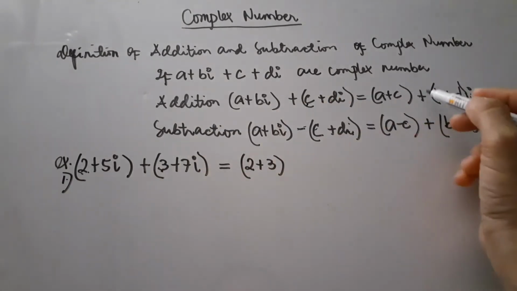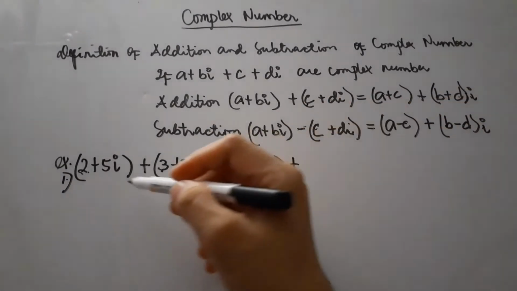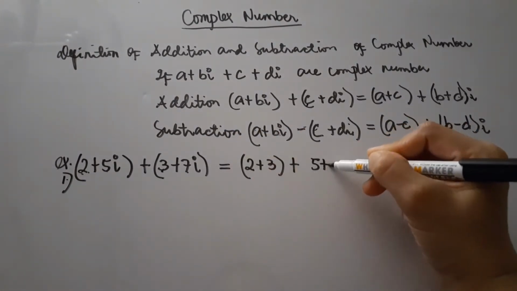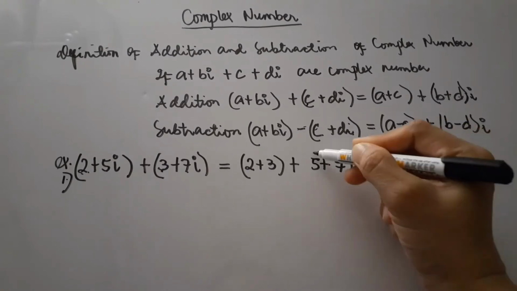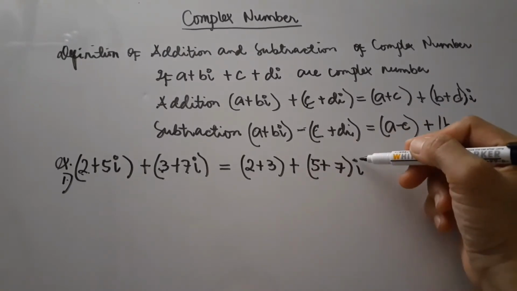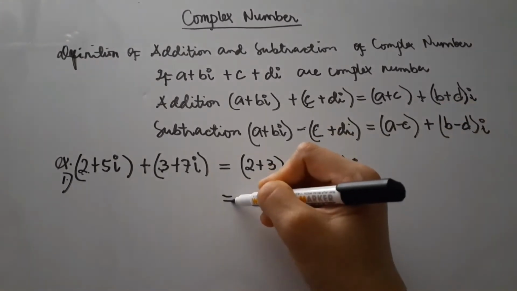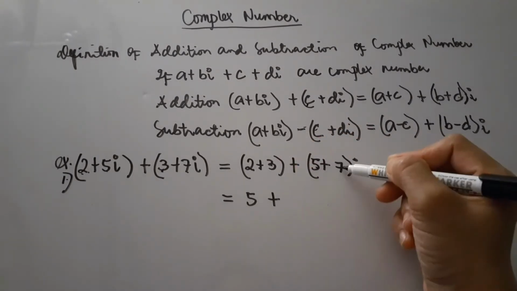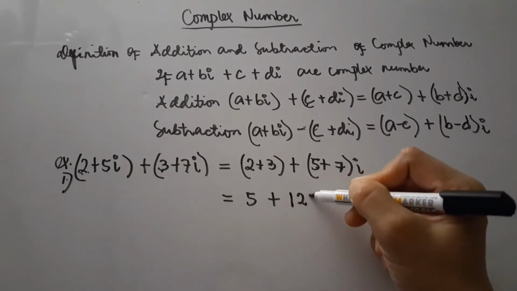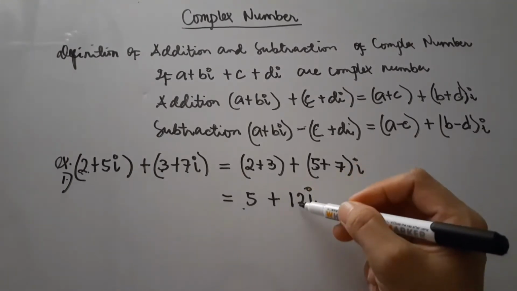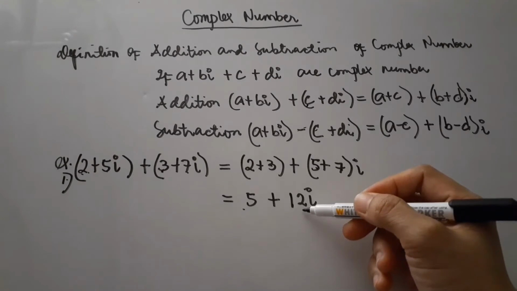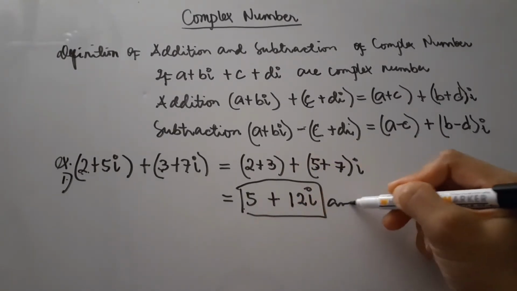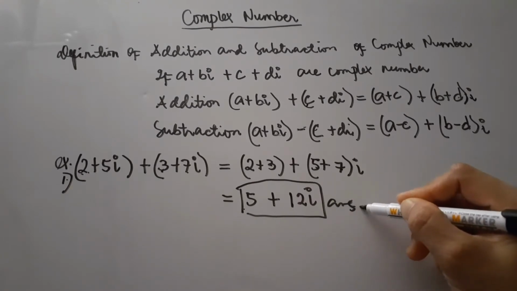And then bi plus di, we have 5i plus 7i, so 5 plus 7 times i. We can use the standard form above in addition. So we have 2 plus 3 becomes 5, and then we have 12i. So it is written in the standard form, therefore the answer is 5 plus 12i. This is the answer.